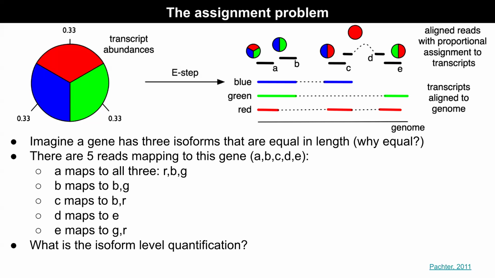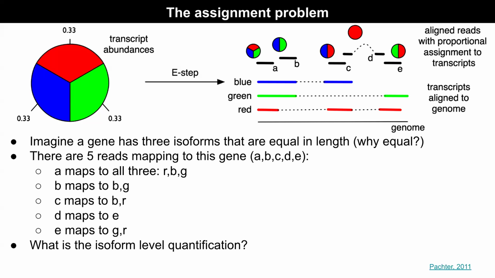How will you start? What is the simplest assumption in these three isoforms? They are overlapping, so they are existing as copies. But what can you say specifically about what their quantification could be? If I have to ask in terms of relative abundance, I will refer to it as alpha: alpha R, alpha G, alpha blue.